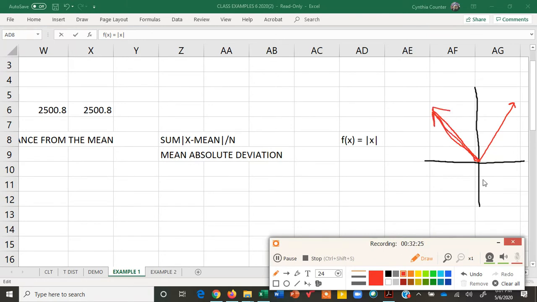It's a V. Why is that not, quote, nice in mathematics? Well, right here, you've got a corner, a sharp point. It's not smooth, it's sharp. That then does not give it desirable properties.